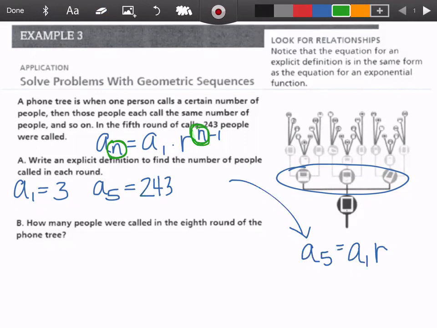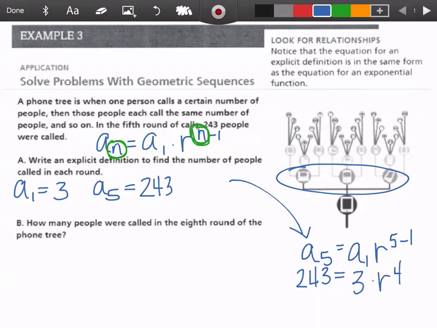So those two n's are equal. So if we have the fifth term, that means r is raised to the 5 minus 1 power. So sub in, we get 243 is equal to 3 times r raised to the 4th power.